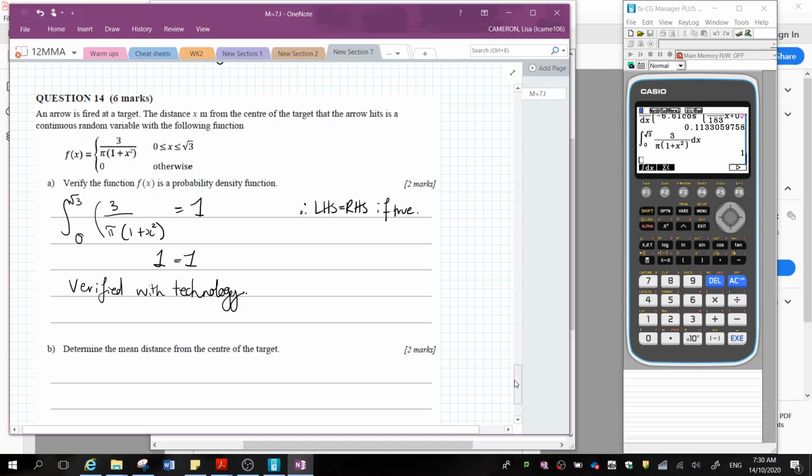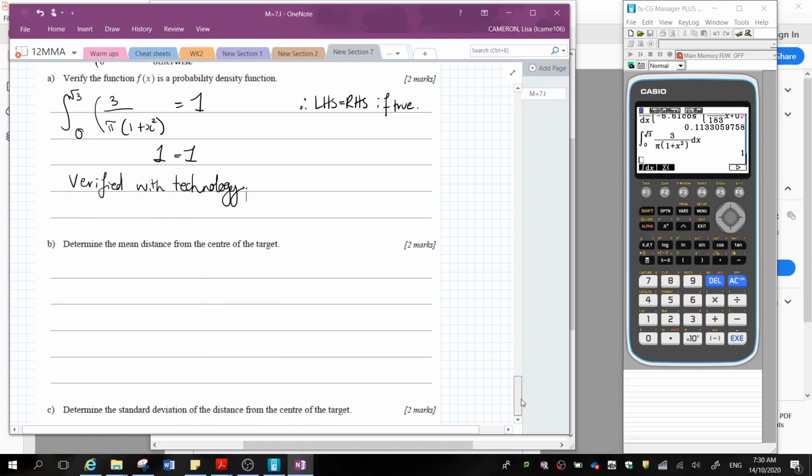Okay, now the second one, to determine the mean distance from the center of the target. So if you look at the sheet given to you by QCAA with all the formulas, you can see that there's continuous random variables in the statistics section, and there's one for mean and variance. So we are going to steal the formula for mean, which just states that we need to multiply our original function by x and then integrate that.